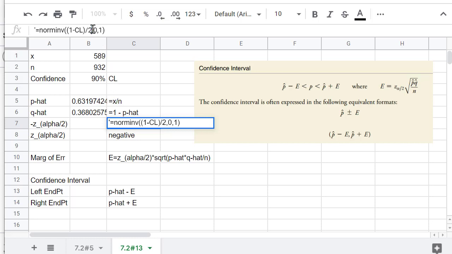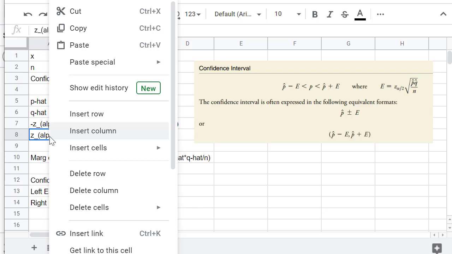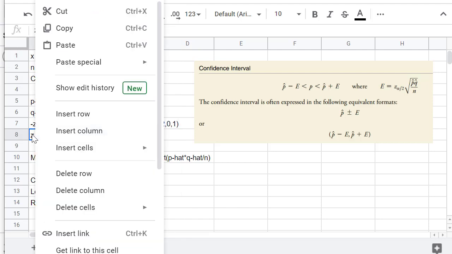Now this number that you get here is going to be the area on the left side, and the 0, 1 is the mean and standard deviation. But notice that that area on the left side is going to be negative because it's on the left side of 0. And we want our critical value to be positive.